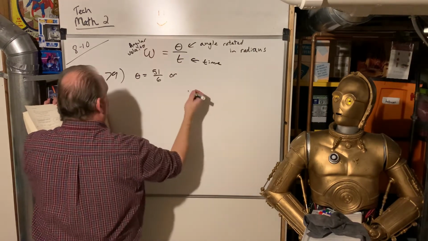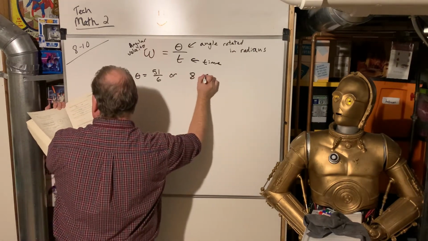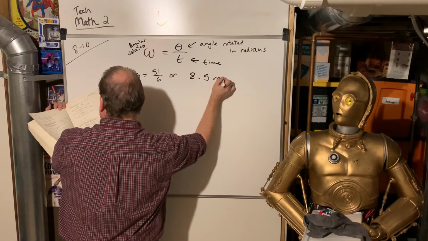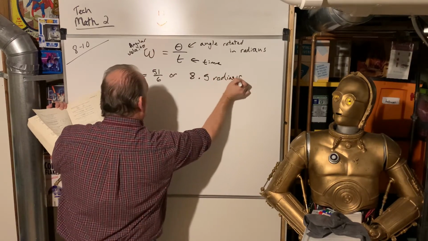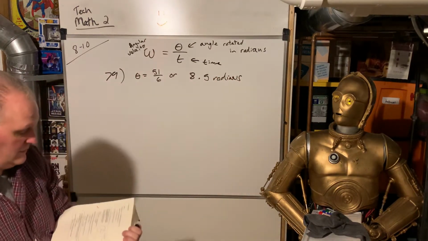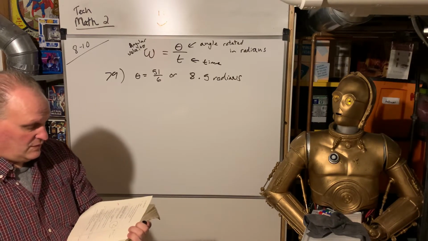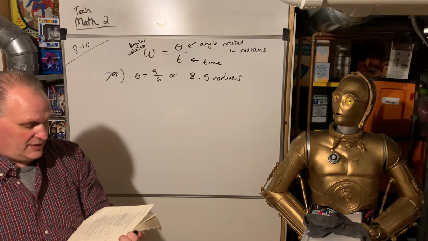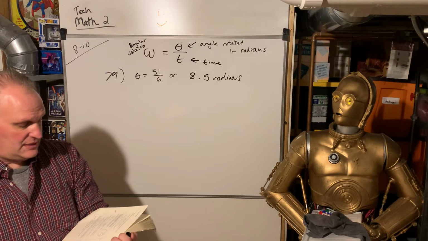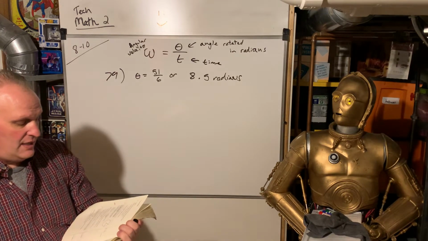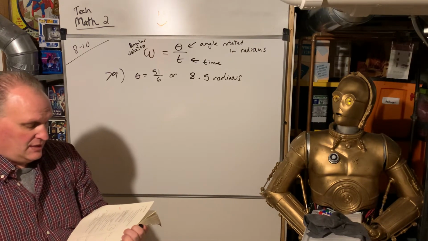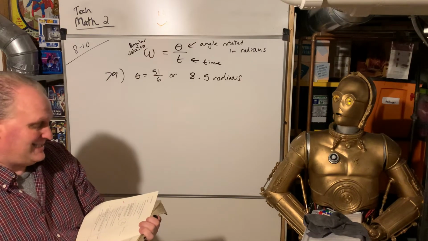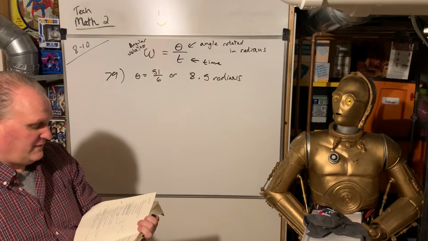Well, you just divide, so it's just 8.5 radians. So they're just kind of reminding you how to transform 51 centimeters if the radius is 6. So a central angle whose arc length is 51 centimeters and whose radius is 6, we're just converting it to radians.